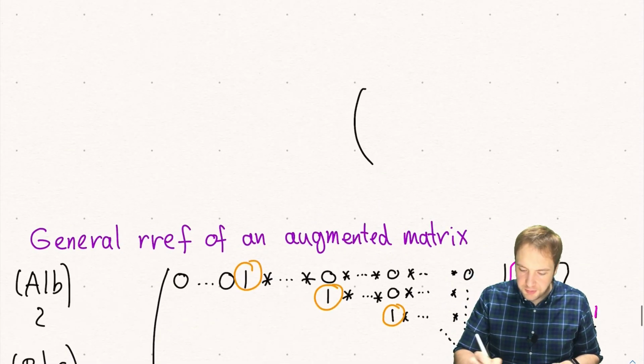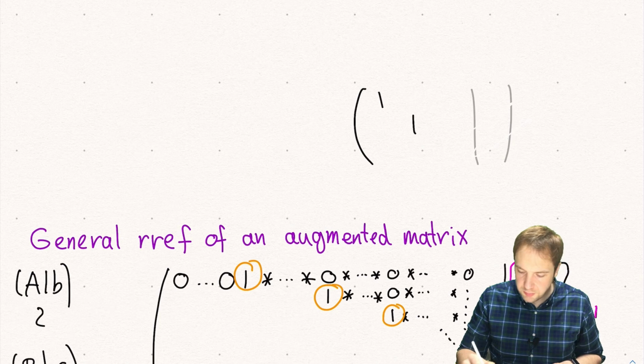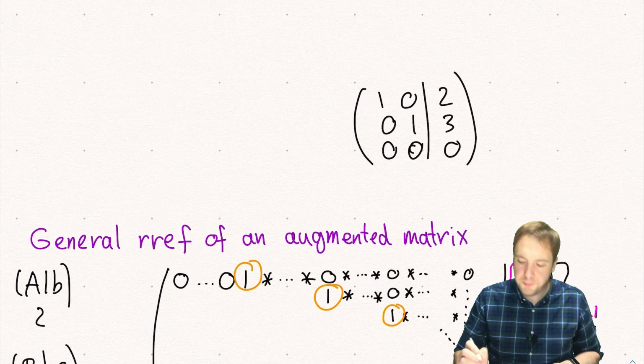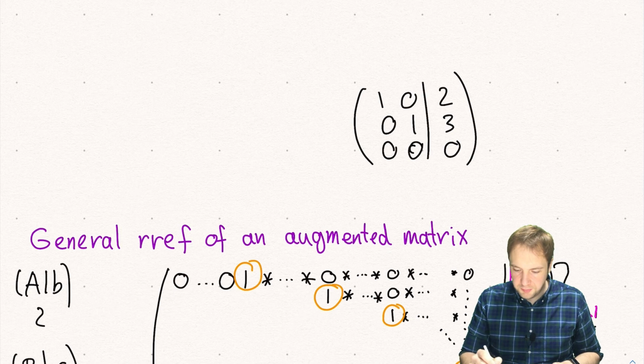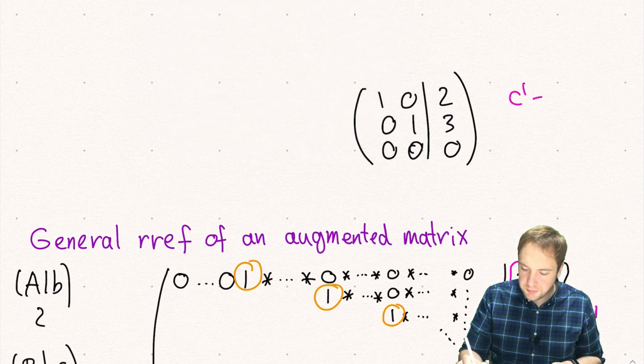So for example, if I have 2, 3, 0, this is the case now: this is B, this is C, and C prime in this case is 2, 3.